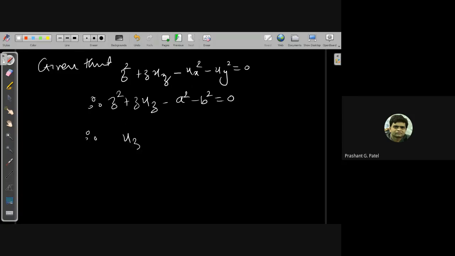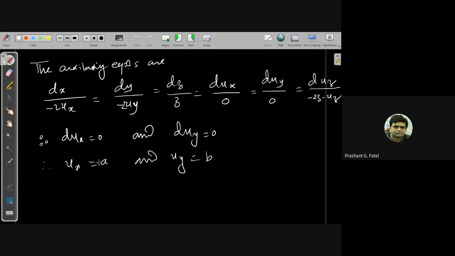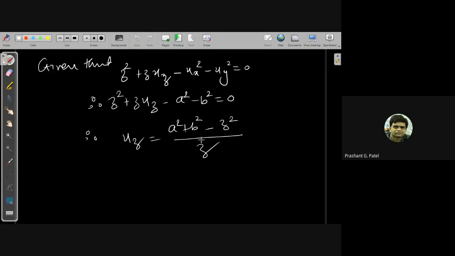So that will give me uz equal to a square plus b square minus z square upon z. So we now have ux in terms of a, uy in terms of b, and uz in terms of x, y, z and a, b.